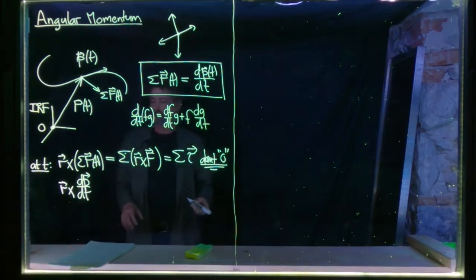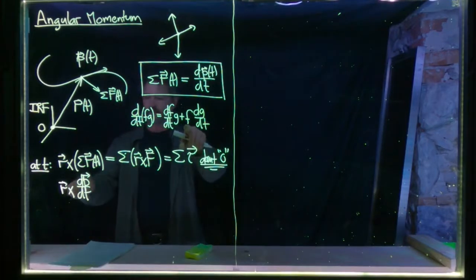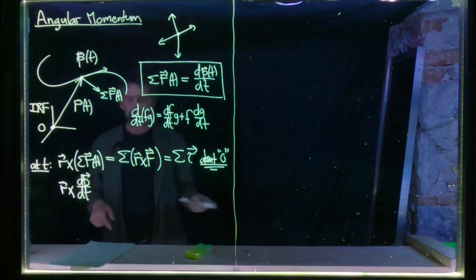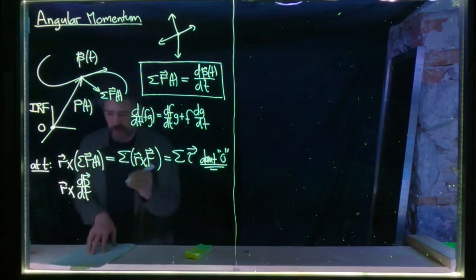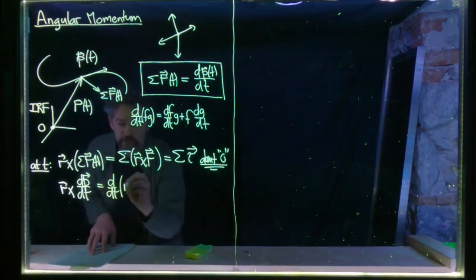So this looks like f times the time derivative of g. That will equal the time derivative of r cross p minus the time derivative of r cross p. So we can write this as the time derivative of r cross p.